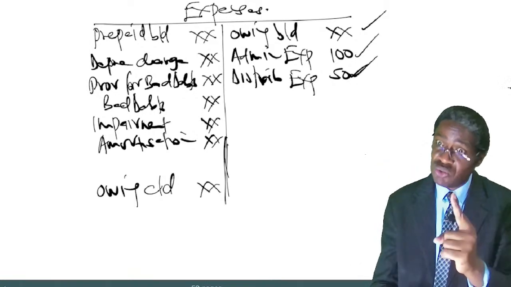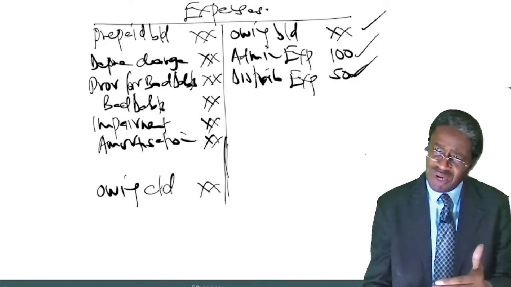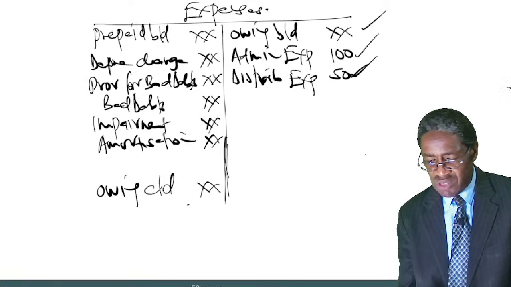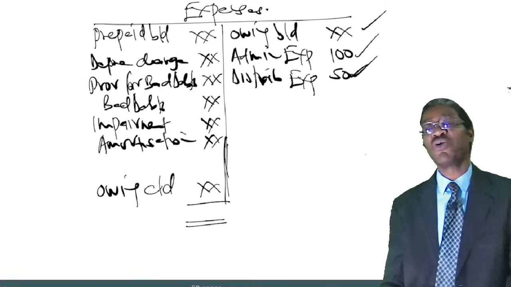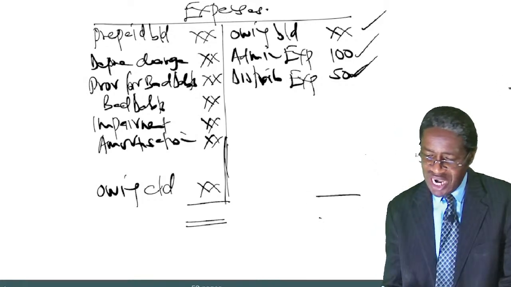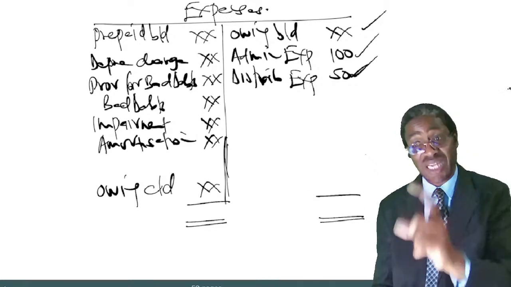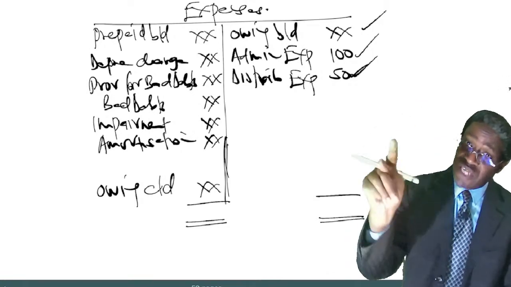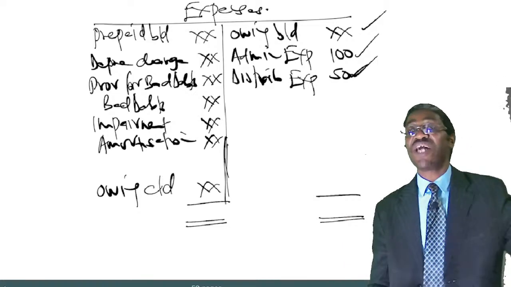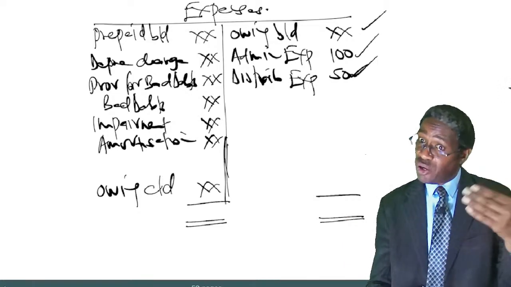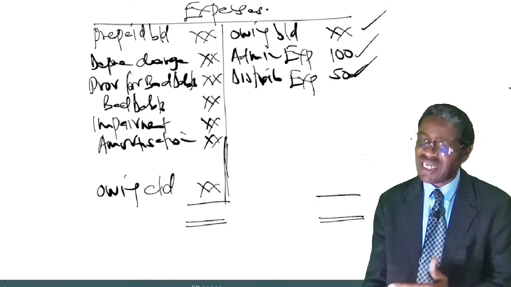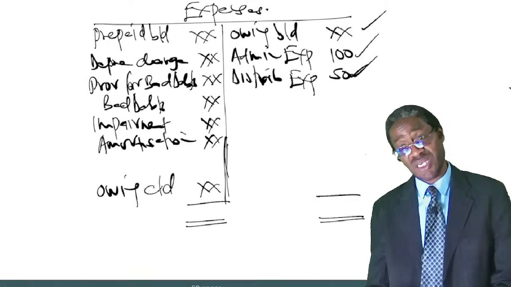But I've also told you, you cannot have a brought down by the end of the year without a carry down. So that's why we always first carry it down on the opposite side, so that you will bring it down on the credit side to appear as a liability. Just like you brought down the opening one on the credit side. Why? Because it was carried down last year. But for the closing one now, before you bring it down on the credit side to appear as a liability, you must first carry down.